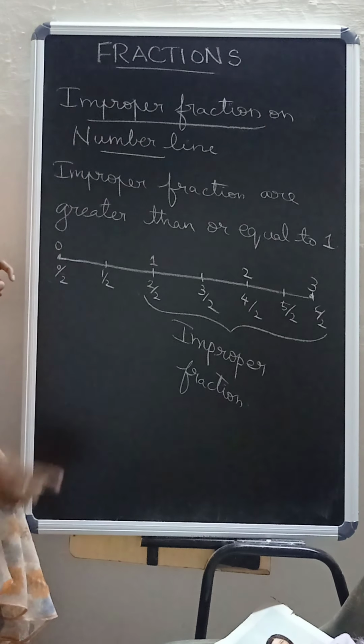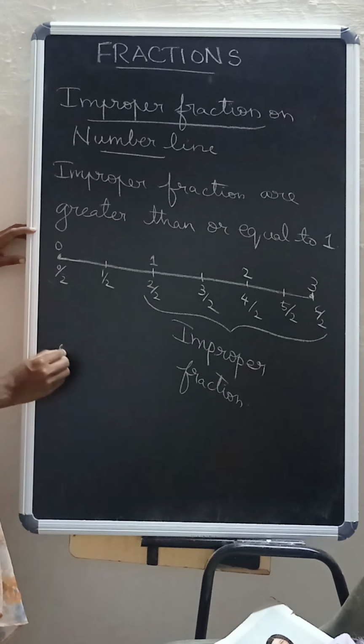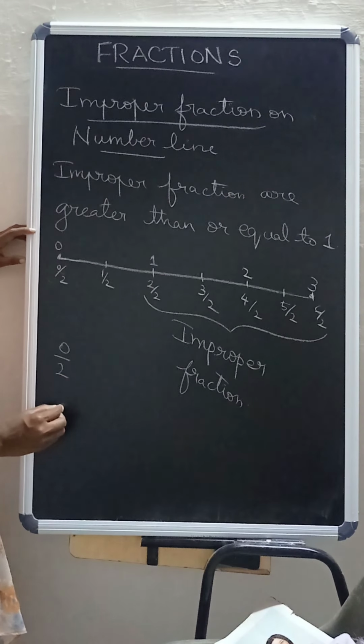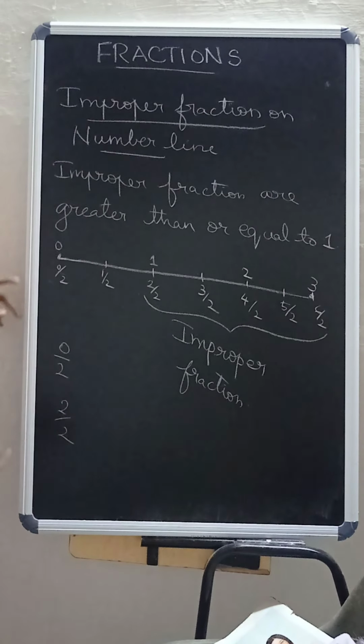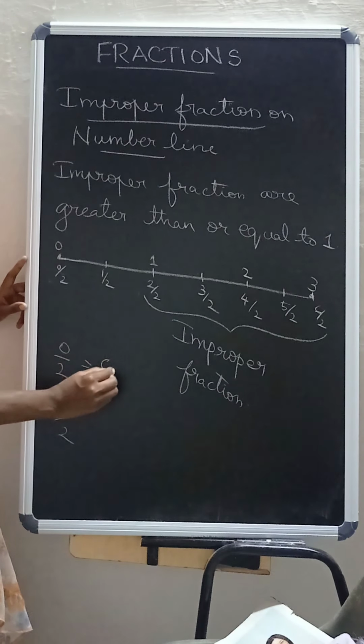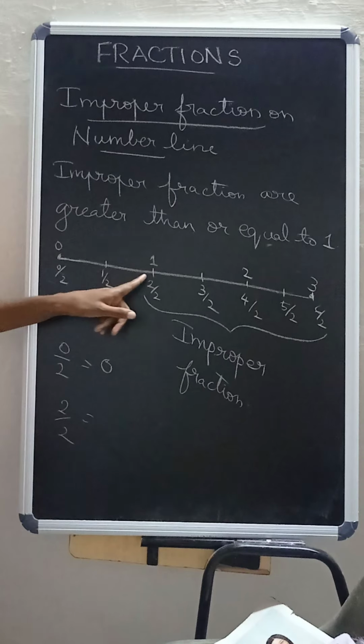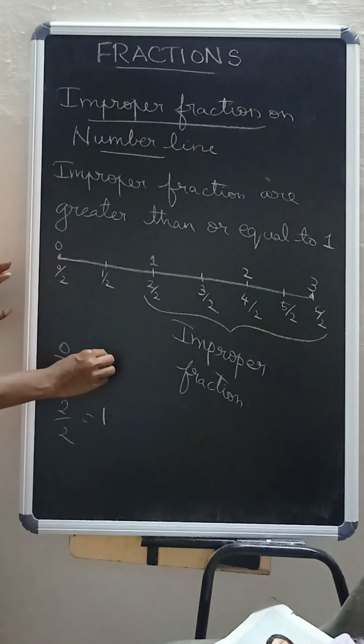Now, can you note what about this 0 by 2 and 2 by 2? 0 by 2 is nothing but 0. Note that 2 by 2 is nothing but 1.